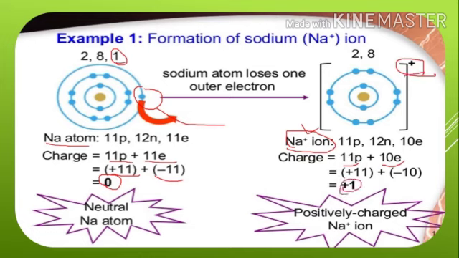So, sodium ion is a positively charged ion which is formed by the loss of 1 electron. And sodium ion has inert gas electron arrangement of 8 electrons in its outermost shell.